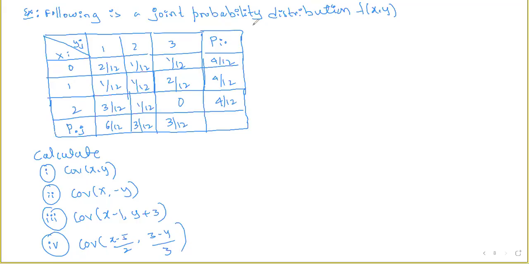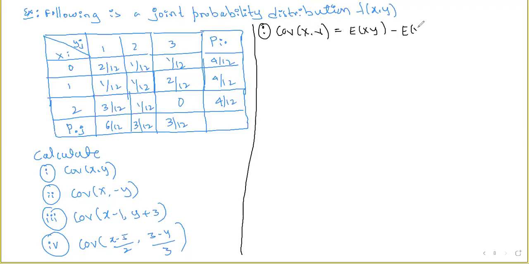To find the first one, covariance of X comma Y, we should know this formula, that is the first theorem: expected value of XY minus expected value of X into expected value of Y. To find this, we need expected value of X as well as expected value of Y as well as expected value of XY.